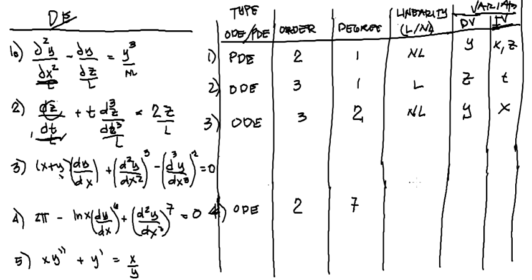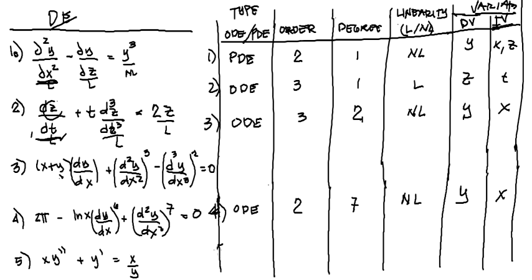Then our dependent variable is once again y, and our independent variable is x. And in terms of linearity, we will consider variable y and its derivative. This part is raised to 6, which makes our equation non-linear.